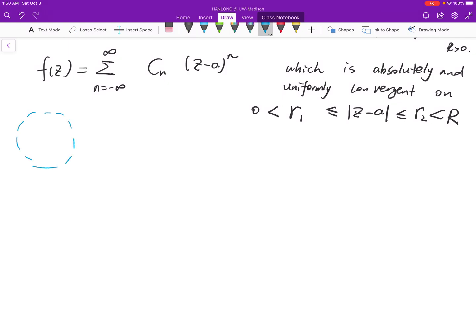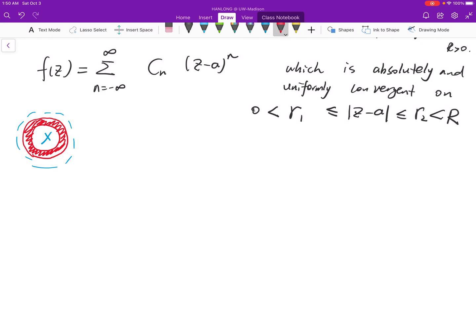In other words, you take the punctured disk and inscribe an annulus inside it. The annulus is a closed set.